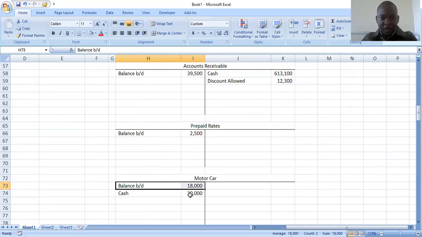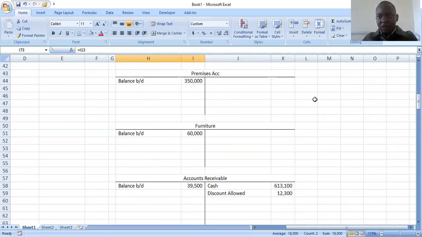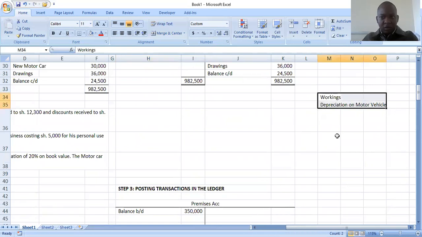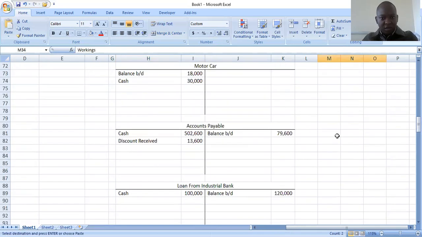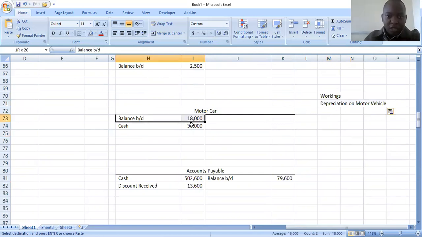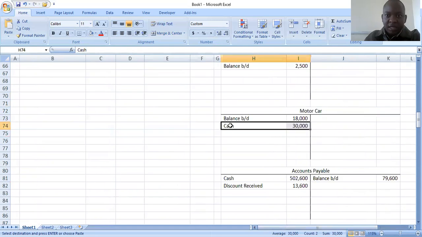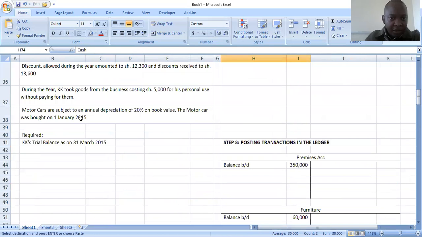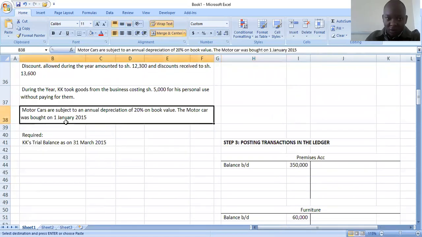So we depreciate these two motor vehicles separately, because the new one of 30,000 shillings was acquired in January 2015.